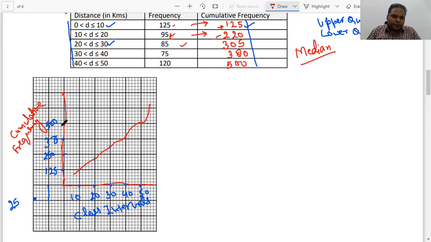The n here is 500, and the middle point is exactly at 250. So from here we will connect a line like this, and wherever it is intersecting the line, we'll drop a line onto our x-axis. So this figure is going to be the median.